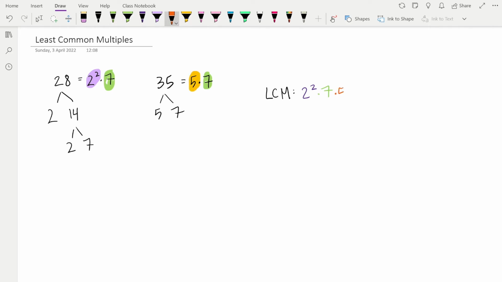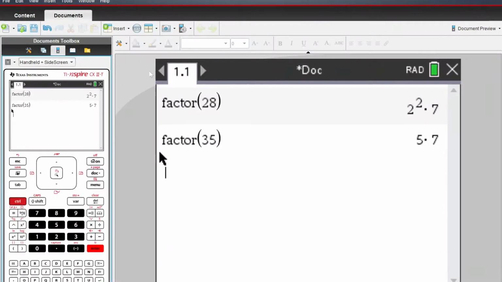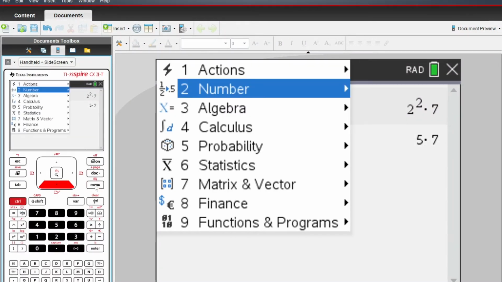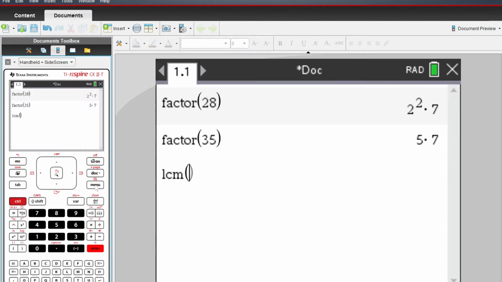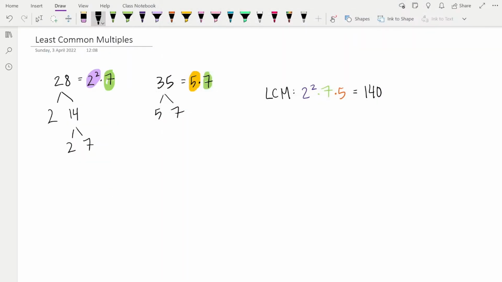So I also need to take 1 5. So 2 squared times 7 times 5 is 140. That's my least common multiple. If I wanted to do that in the calculator without having to do the work, I would go to menu, number, least common multiple, and then I would put both numbers, 28, 35. The least common multiple here is 140.